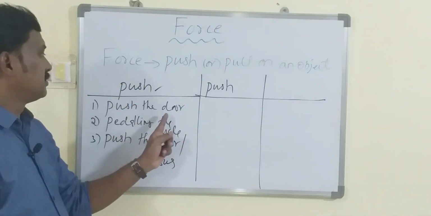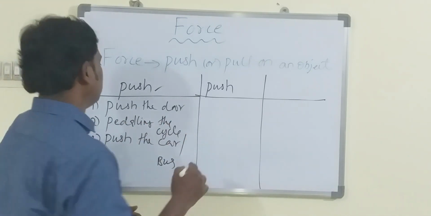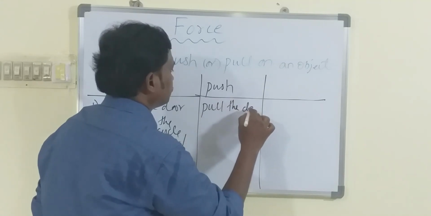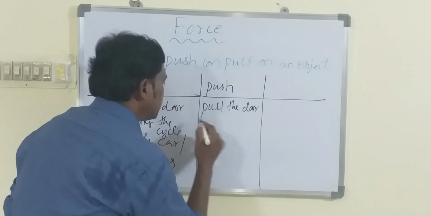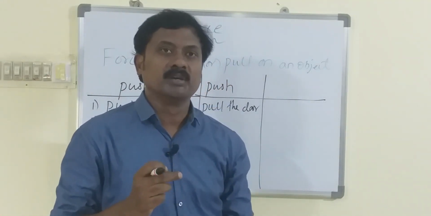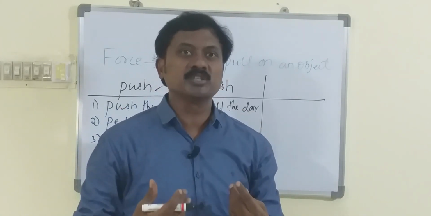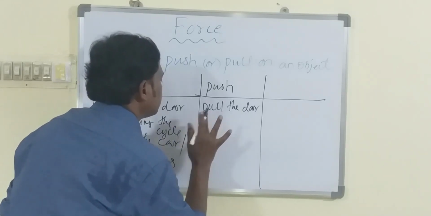Okay, so one side if it is written push, the other side we have pull. Pull the door. Next, when you are using a straw to drink juice, what is that process called? You are sipping inside. So that is you are pulling, right? So it's also pull.